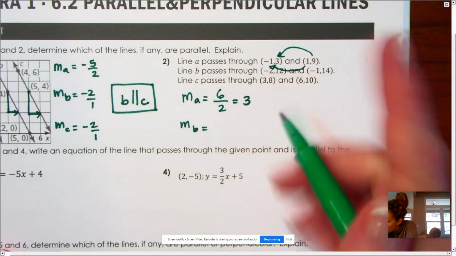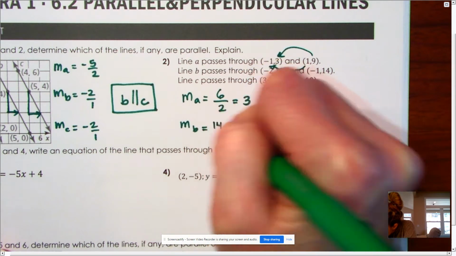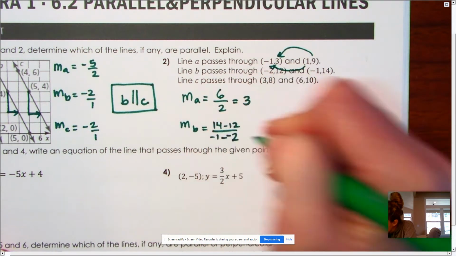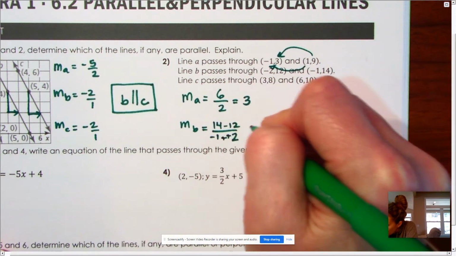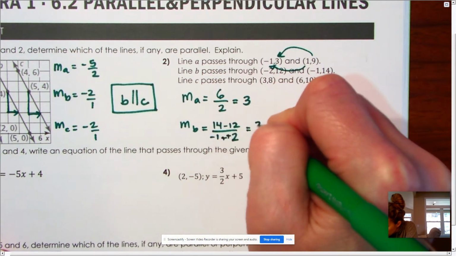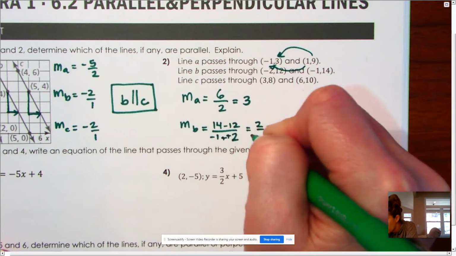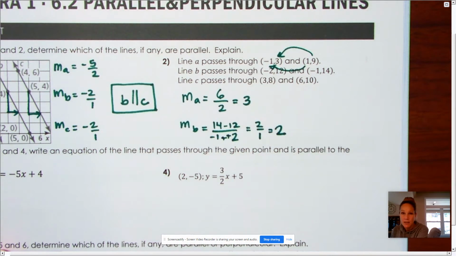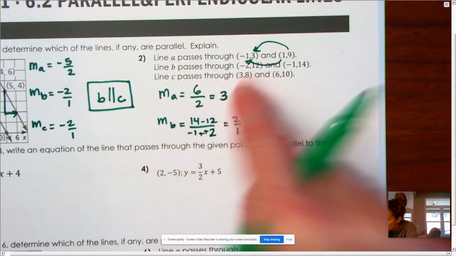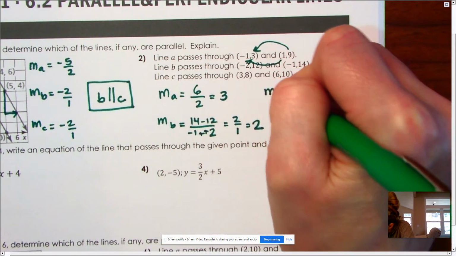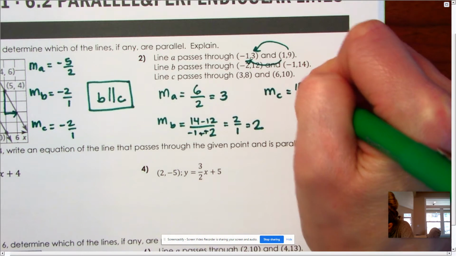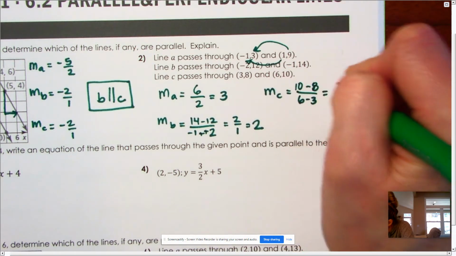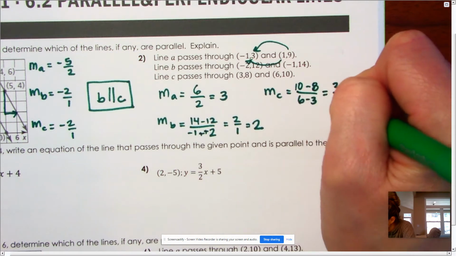So to find the distance, I could go 14 take away 12, and then I could go -1 minus -2. 14 take away 12 is 2, -1 and a +2 makes a +1. So we just get 2 right there. And then for line C, we'll go 10 take away 8 over 6 take away 3, and we get 2 over 3.